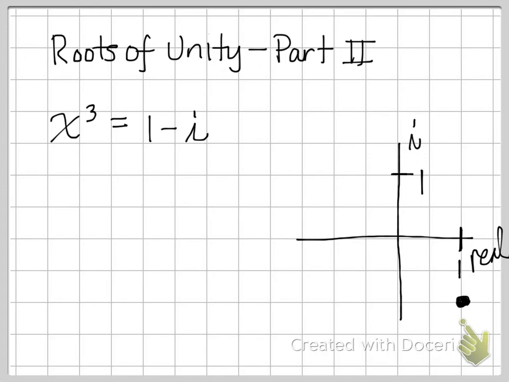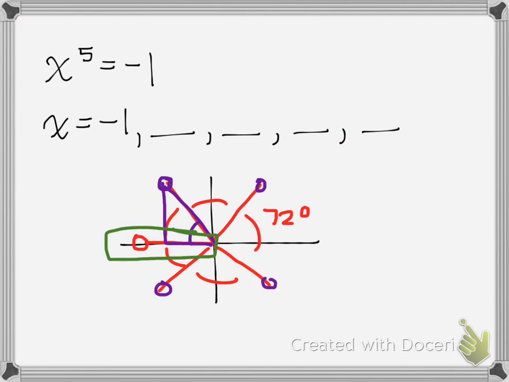Now, what I actually want is I don't want the 1, -1. What I actually want, if you recall, was the first root. And the first root was a lot easier back here. If we look at this, the first root for x to the fifth is equal to -1 was -1.